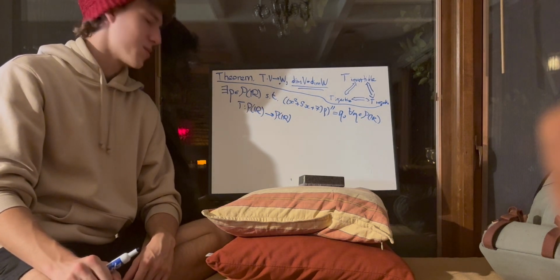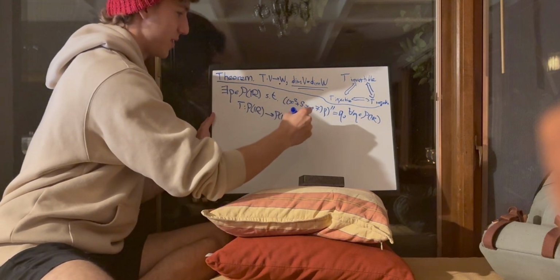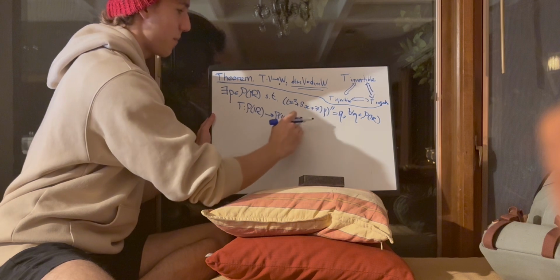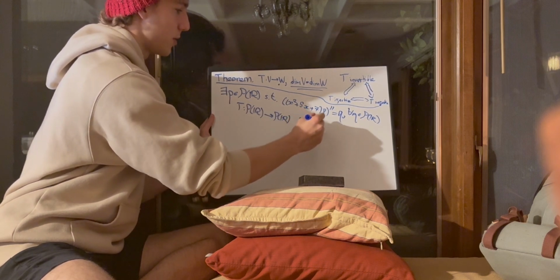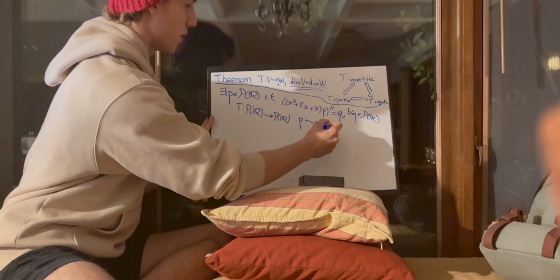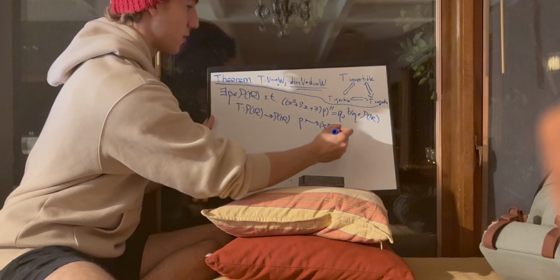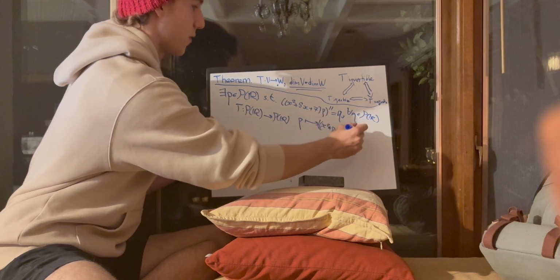Okay, so what do we do? First of all, let's define what we want that function to be. We're getting ahead of ourselves. T is defined by mapping some polynomial p to, well, it's here: x squared plus 5x plus 7 times p, and take the second derivative of all of that.